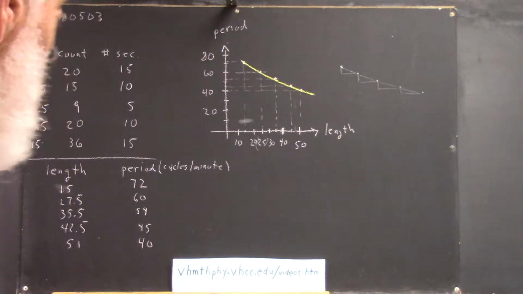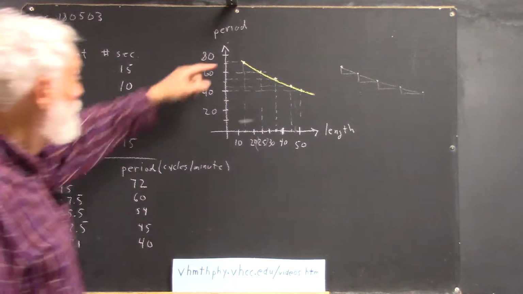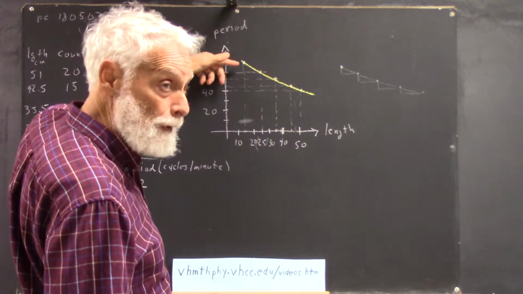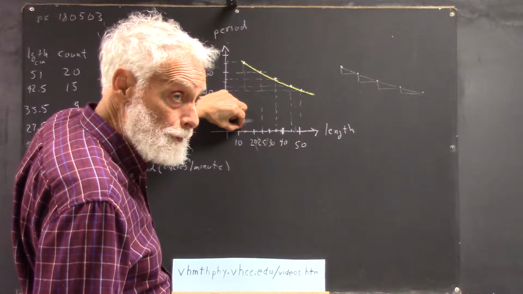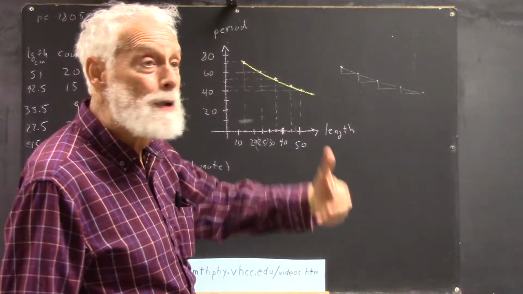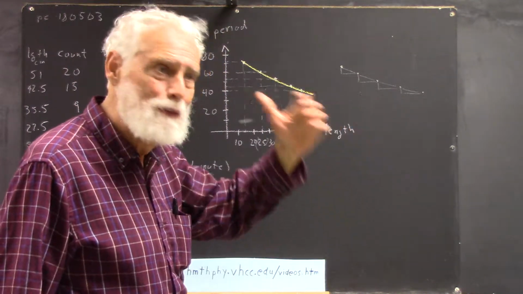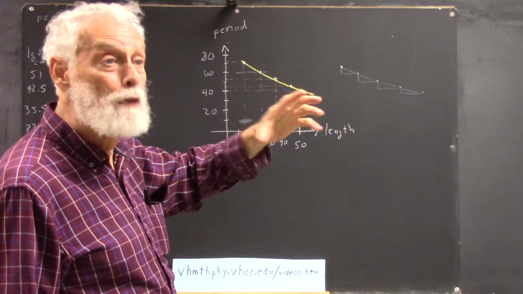There are limitations to our data because I was only estimating these within half a centimeter, right? So any one of these points could really be half a centimeter right or left. Half a centimeter isn't far, but that could still affect things. And then you were counting, well, were you almost up to the next count when I said stop, or had you just made the last count just before I counted?